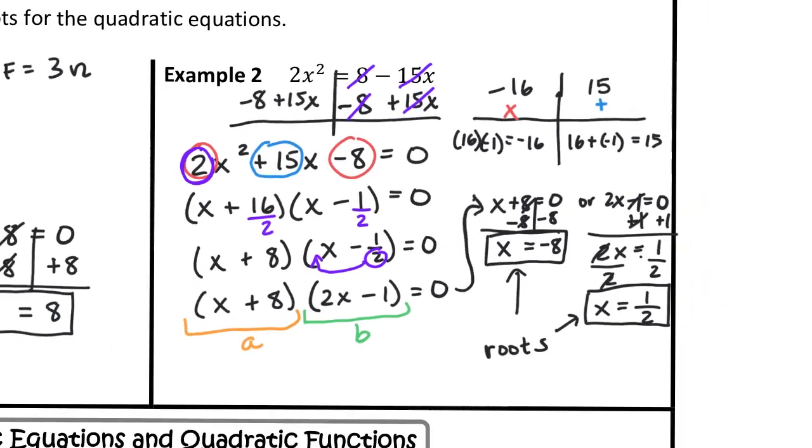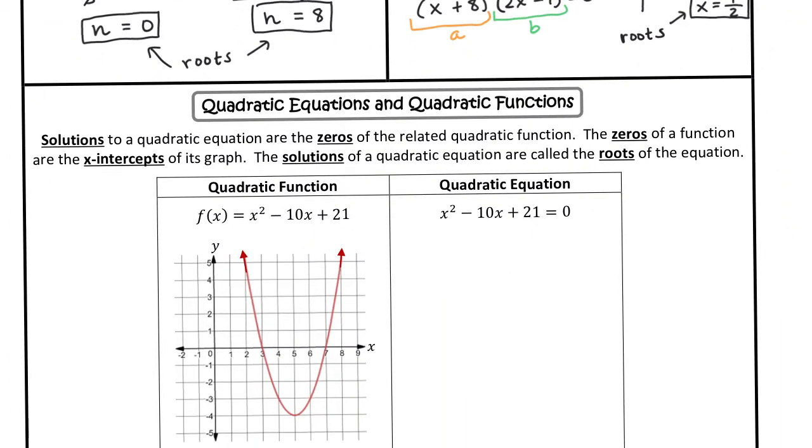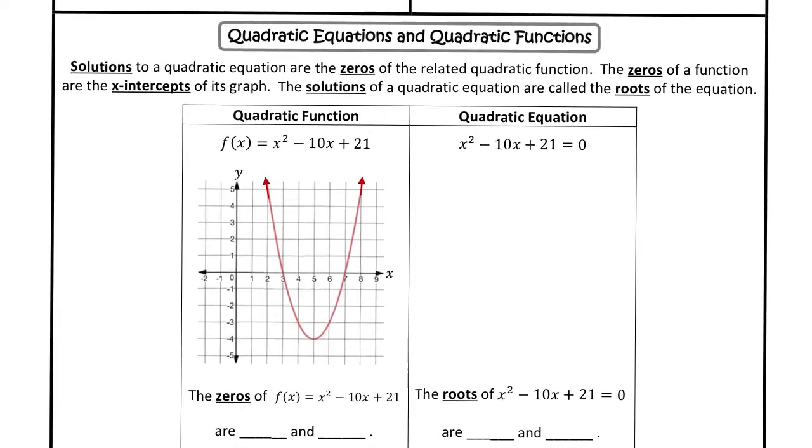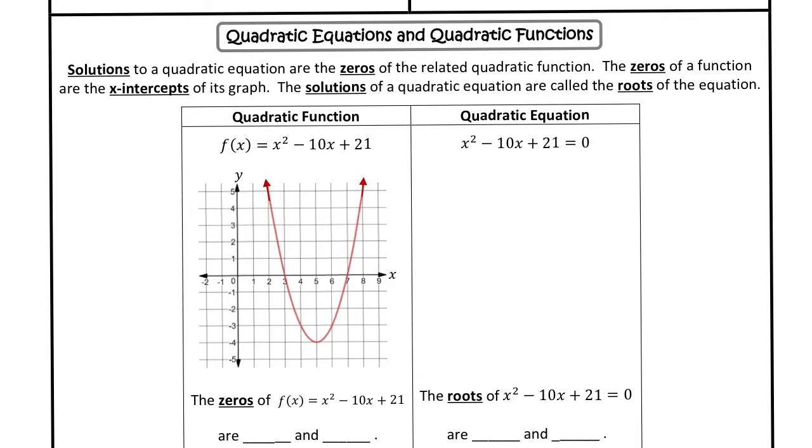All right, let me zoom out here. And so this next part is talking about, if we have solutions to quadratic equations, those solutions we can call zeros of a quadratic function. And the zeros are the x-intercepts. This is kind of what I mentioned at the beginning. So the zeros are the x-intercepts of the graph.